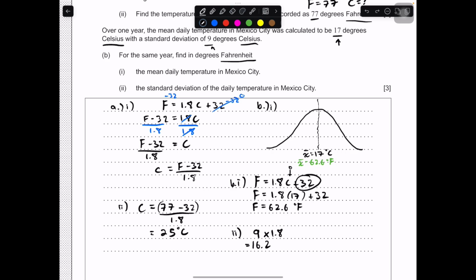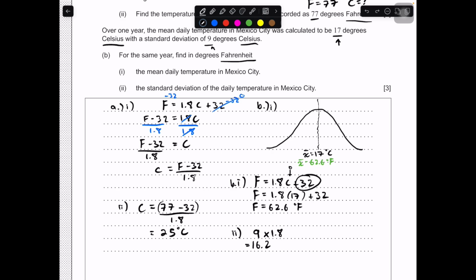We would just multiply that value by this scale factor of 1.8. So imagine, for example, standard deviation is equal to 0. All values are constant. If someone says our standard deviation is 0, we would multiply that standard deviation by the scale factor of 1.8, but we wouldn't suddenly add 32, because the standard deviation just tells us how spread out the values are.